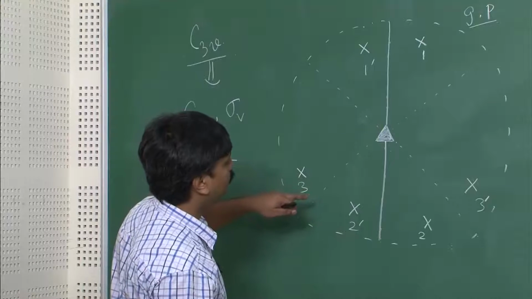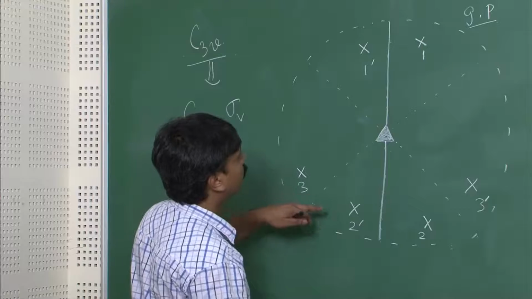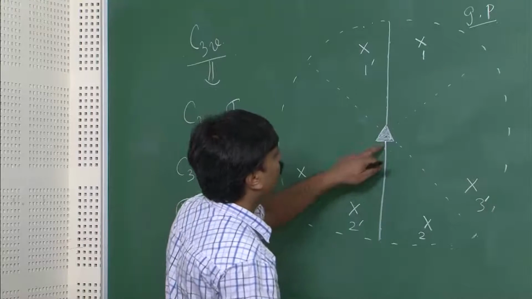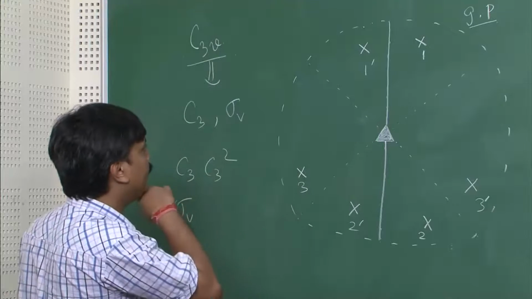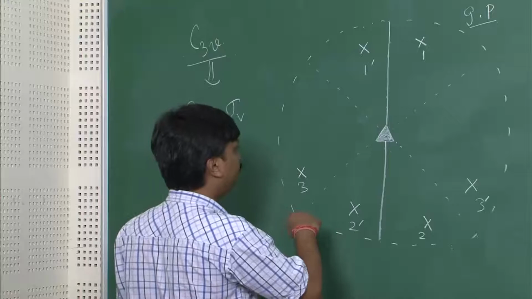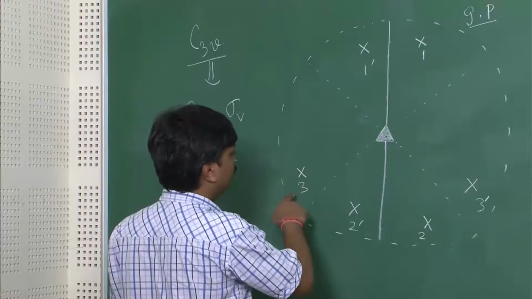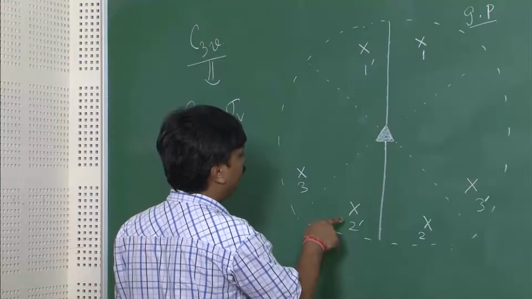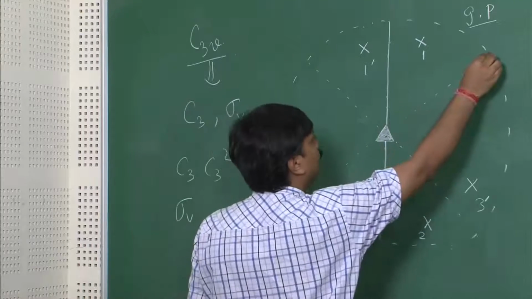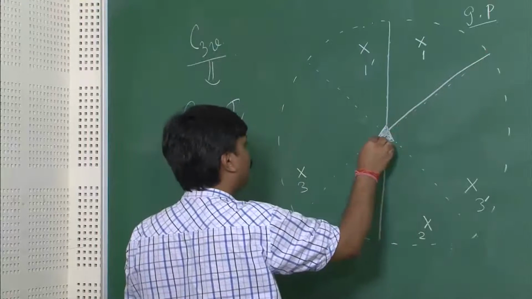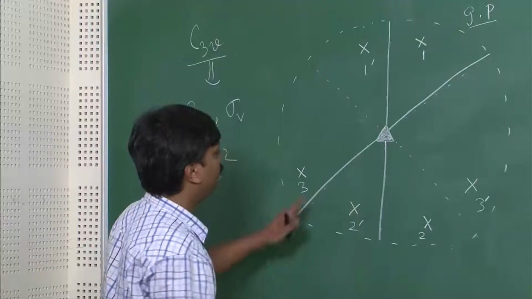From here you can see that x3 and x2 prime could be generated from a reflection through this plane.